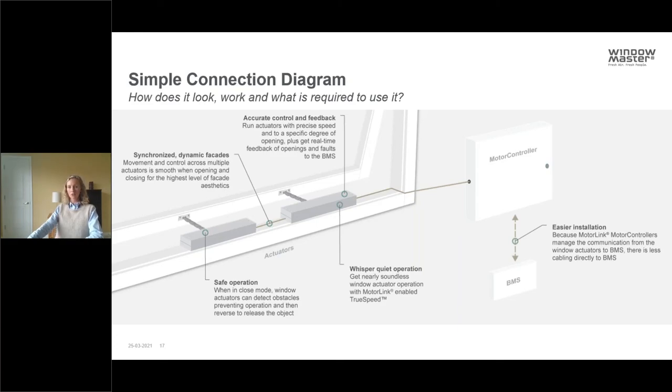This is all due to, of course, a sophisticated intelligence with the building management system, but also through a two-way communication technology from the actuator to the motor controller. It's not just this motor controller sending these actuator signals, it's a two-way communication. And that's also important to consider here, guys.